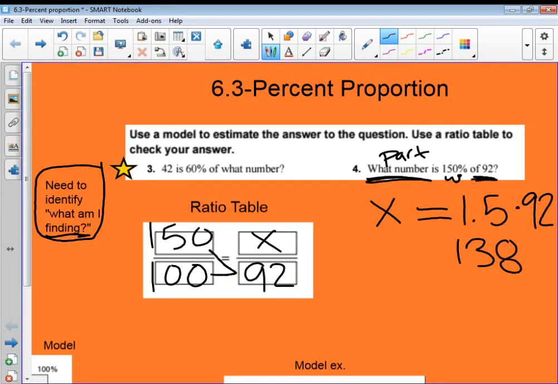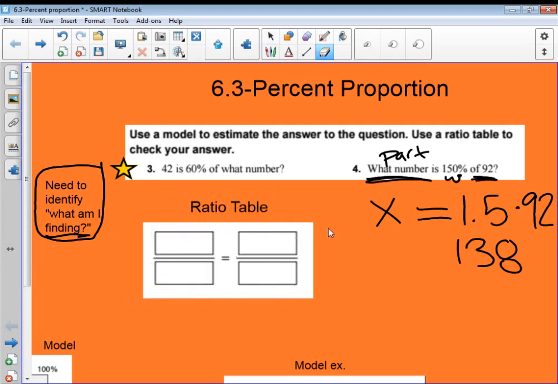So I would cross multiply and divide. And that is not easy math either. So I would take 150 times 92, which would equal 130. No, that's 13,800. Divide by 100, 138. So my answers match. I'm good to go. My answer is 138.